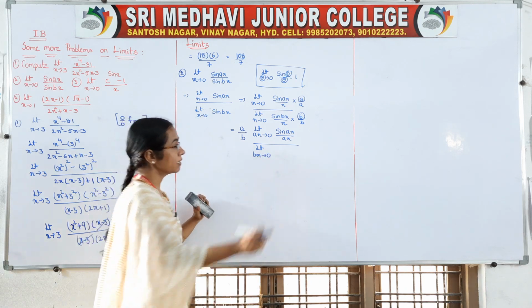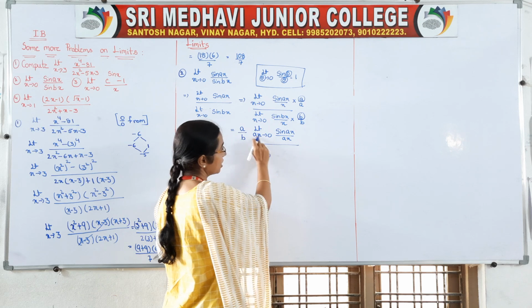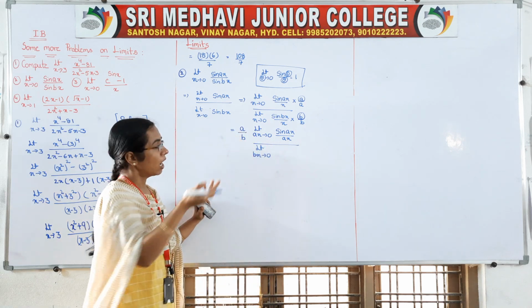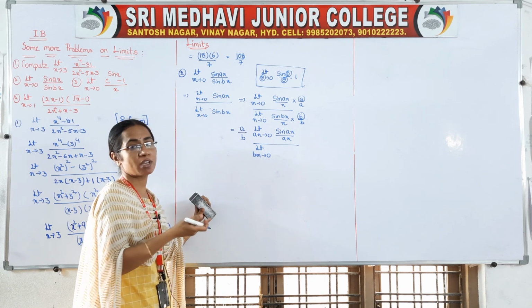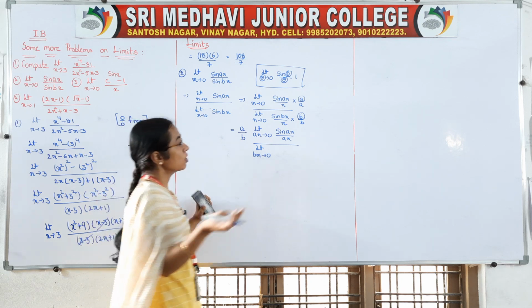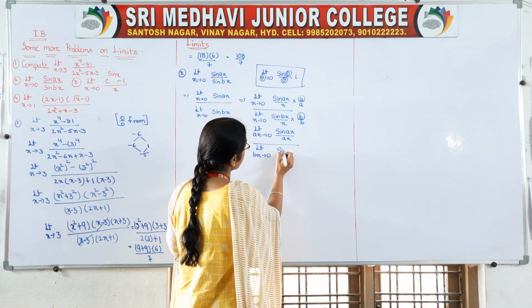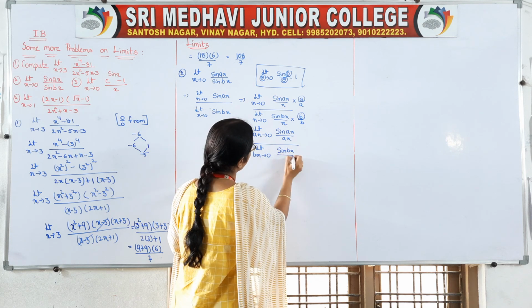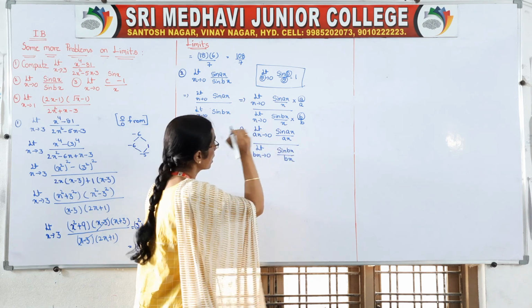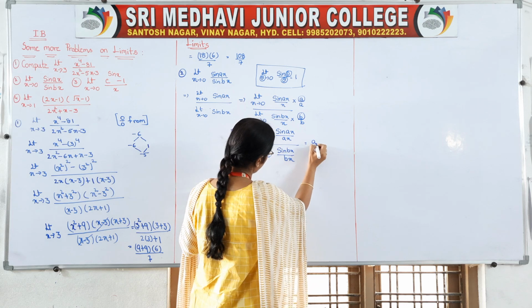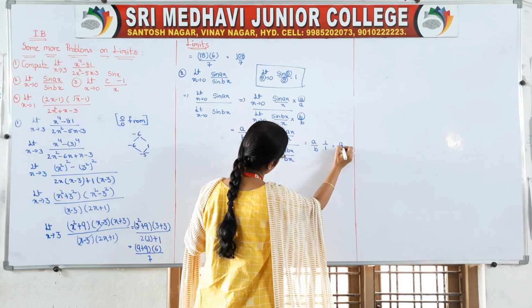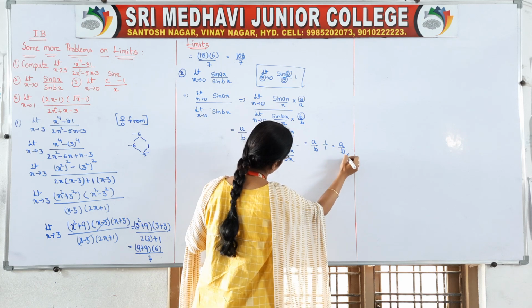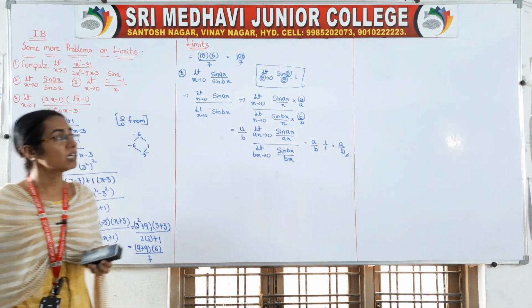The compulsory condition is that these values must be equal and defined. If x tends to 0, something into x definitely tends to 0 only. So it is sin bx by bx. So it is a by b, with 1 by 1, which equals a by b. That is the answer to your question.